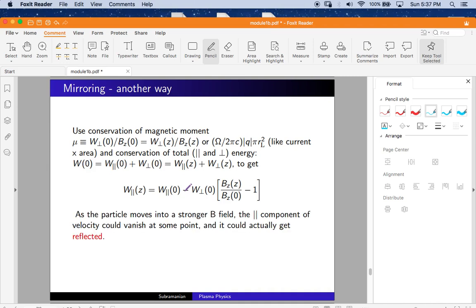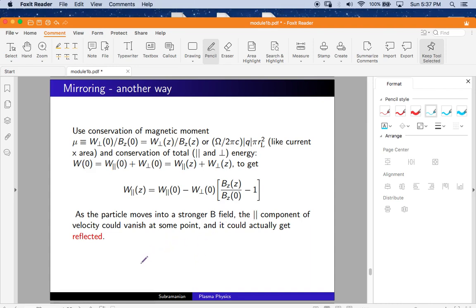So as the particle moves into a stronger B field, as this grows stronger and stronger, whatever is getting subtracted from the parallel component becomes larger and larger. So the parallel component of velocity, in fact, could vanish at some point.